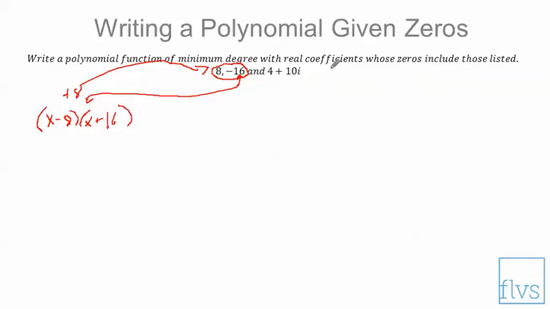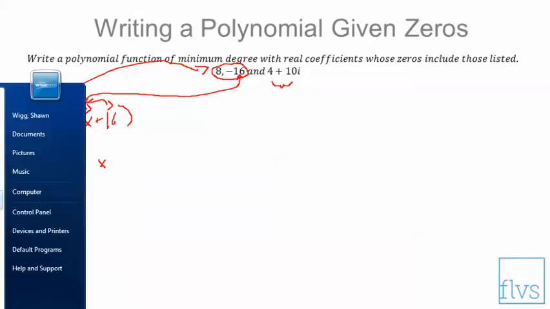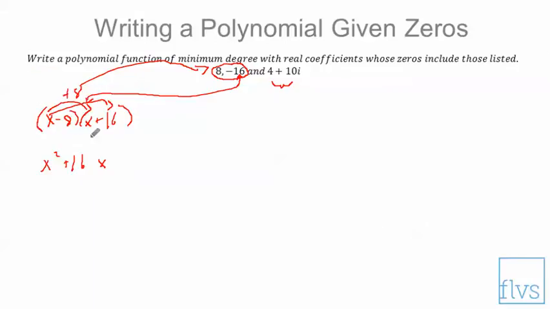So before we get dealing with the complex part here, let's go ahead and multiply this one out. So x times x is x squared. X times positive 16 is positive 16x. So all I'm doing here at this point, just so everybody's clear, is I'm looking to make sure I distribute each piece so I get a single answer.